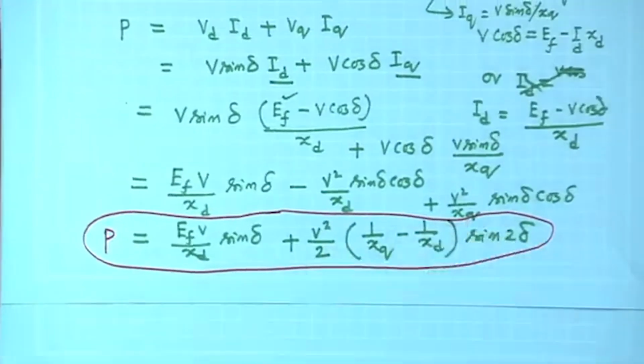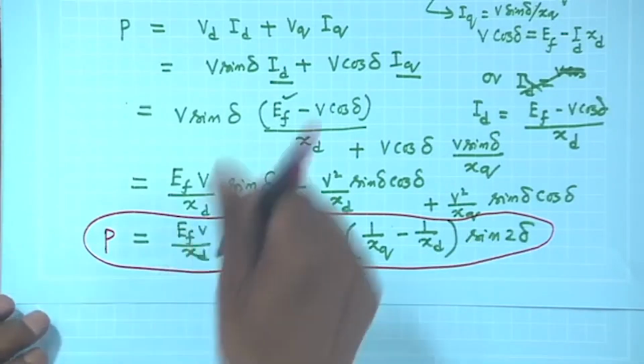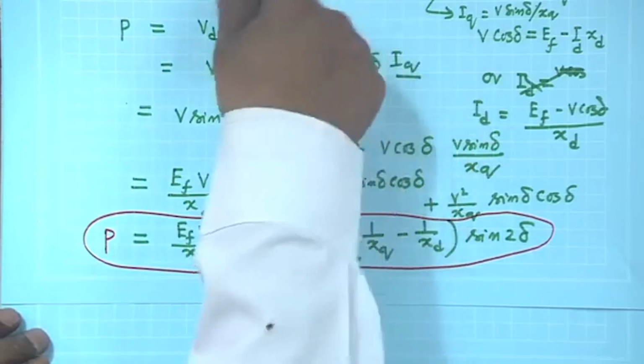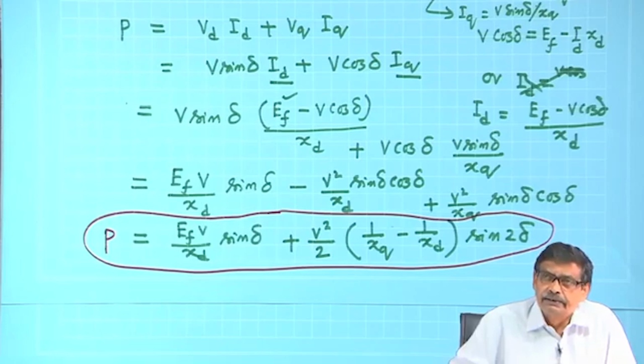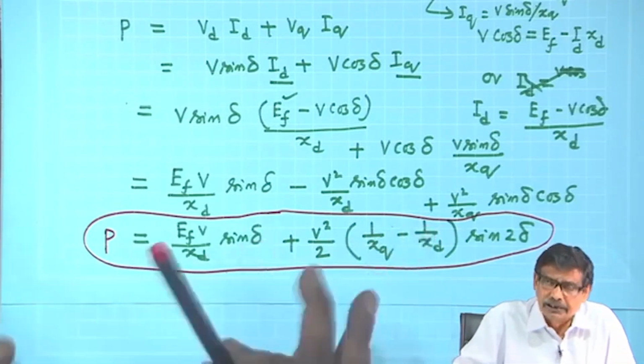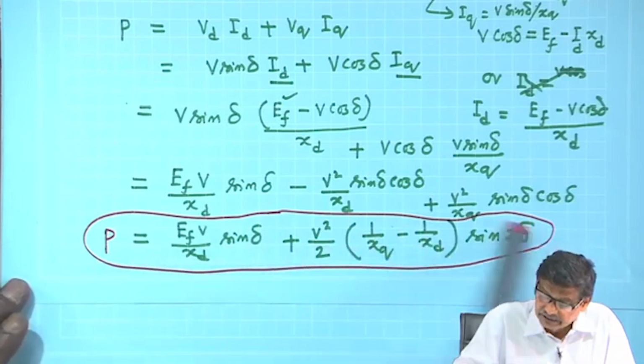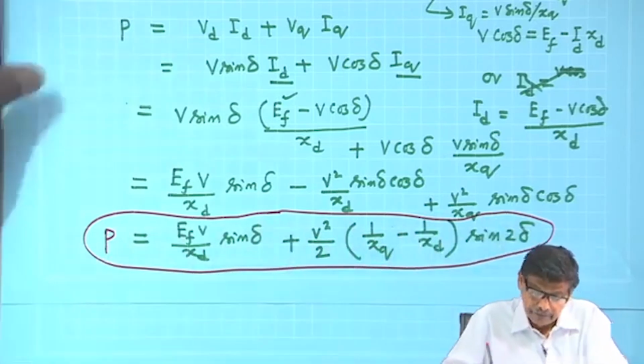If I wish, I can also calculate how much reactive power it is delivering by calculating this, put the value of Vq, Id, and you can get the expression for Q, which I am not doing, because I will concentrate on this, it tells you many things.